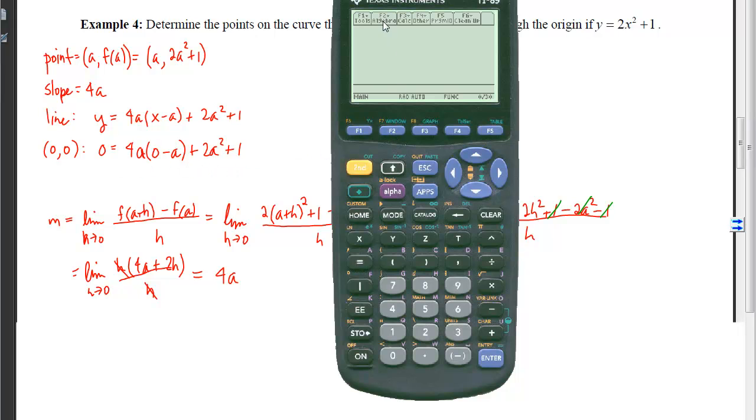So we're going to go to our algebra menu, which is F2, and we're going to choose solve, which is the first option, and we're going to type this equation in. So that would be 0 equals 4 times alpha a, times 0 minus alpha a, plus 2 alpha a squared plus 1.